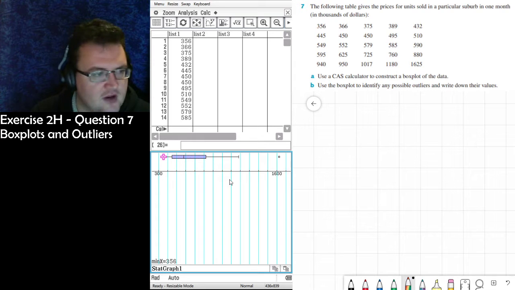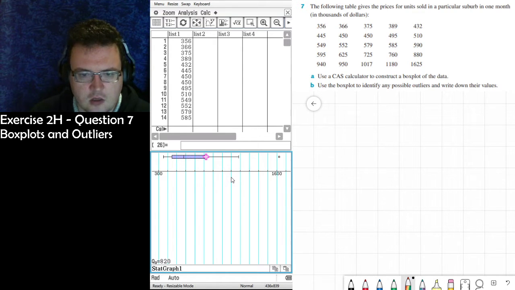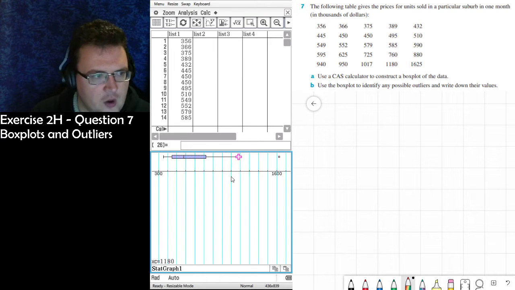So there's our minimum, 356, 447.5, 579, 820 is our Q3. Now what it's done there is it's given XC as 1180.